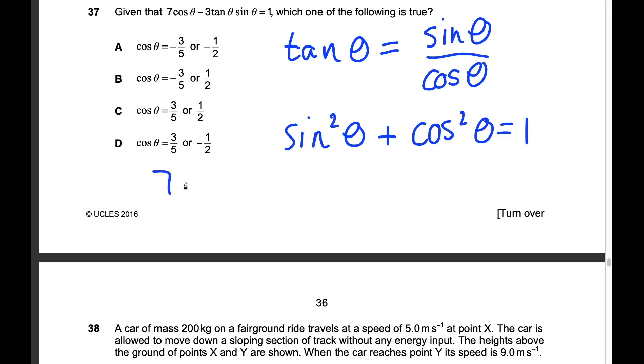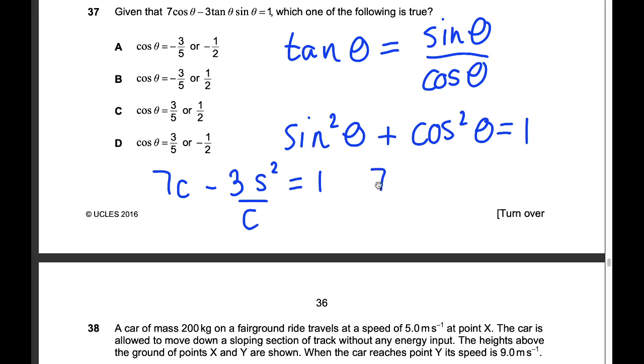So let's call it 7C minus 3, and then I'm going to use S over C for tan. Okay, sorry, S over C is tan. And then it's times sine again, so this is going to be a sine squared on the top, is equal to 1, right? So now I can use the fact that sine squared is equal to 1 minus cos squared, or S squared is equal to 1 minus C squared.